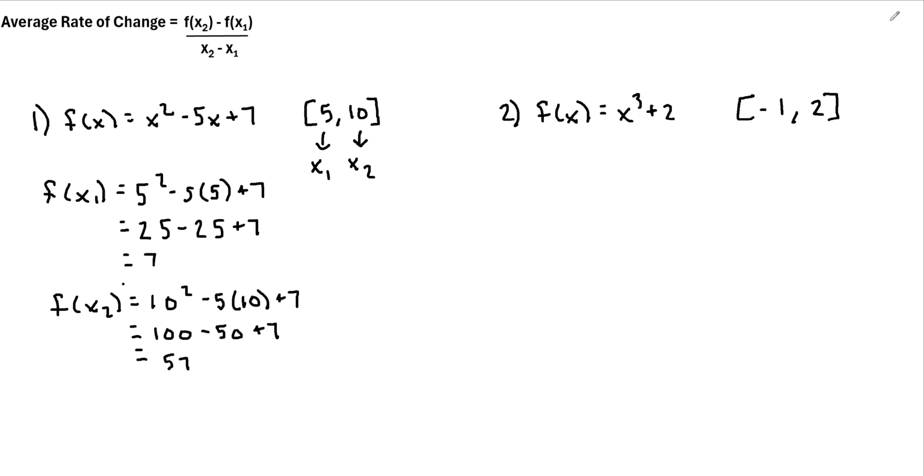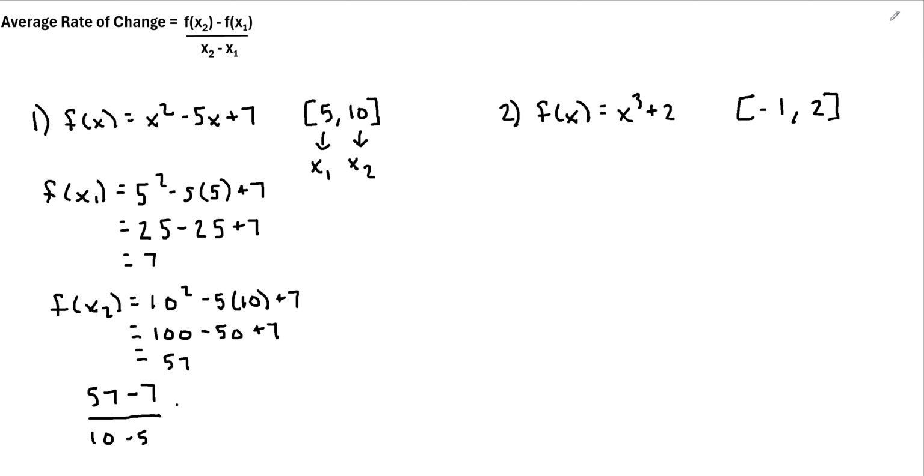So we get f of x2, so we figured out that is 57, minus f of x1, we figured out that was 7, divided by x2 minus x1, so x2 is 10 and x1 is 5, so we'll say 10 minus 5.